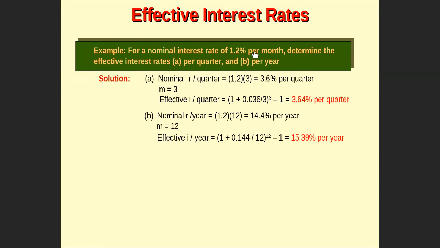And the question asks you to find the effective per quarter, which is the compound period. So now I have the compound period and the time period. When I compare them, which one is greater? The compound period is greater because it is a quarter and the time period is a month.